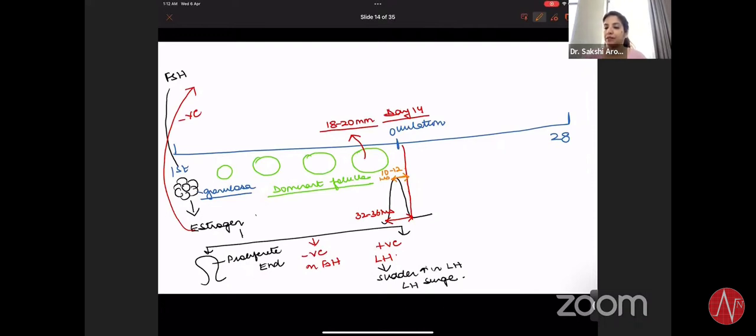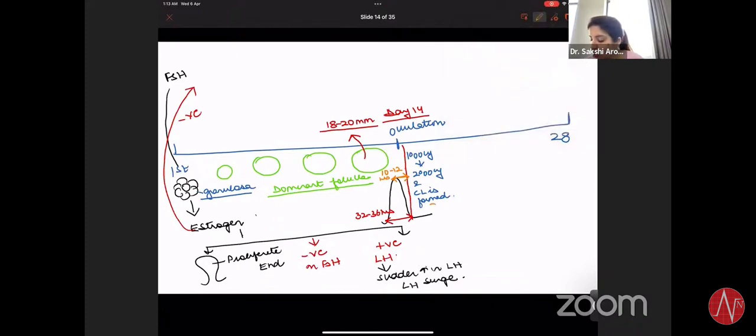So complete this. Now, ovulation हुआ, that means primary oocyte got converted into secondary oocyte and corpus luteum is formed. Ovulation का मतलब है कि primary oocyte is getting converted into secondary oocyte and corpus luteum is being formed. तो corpus luteum बन गया.